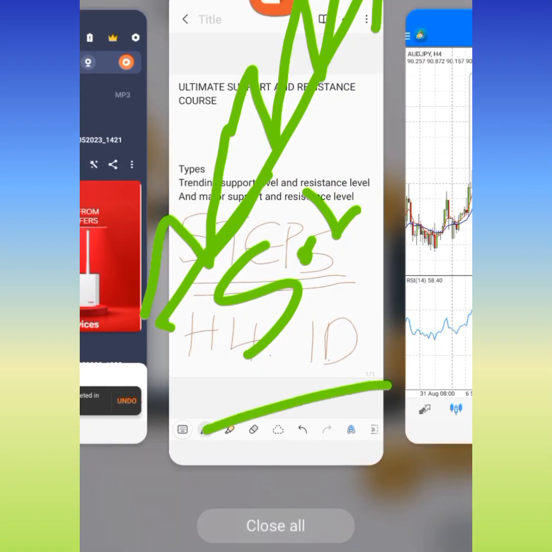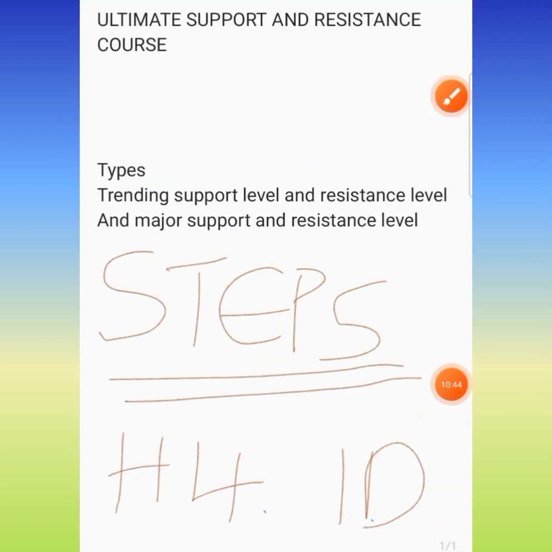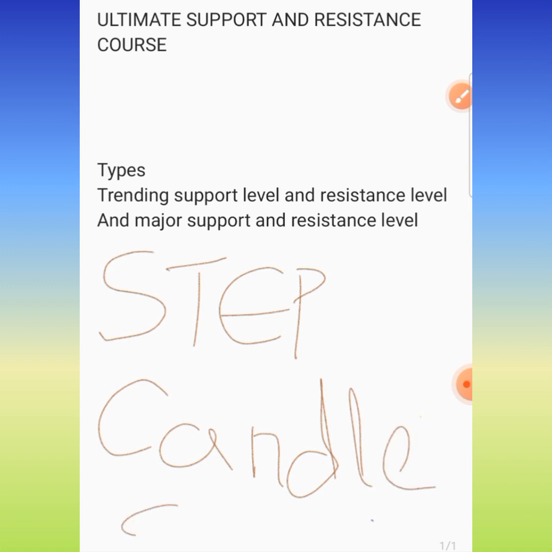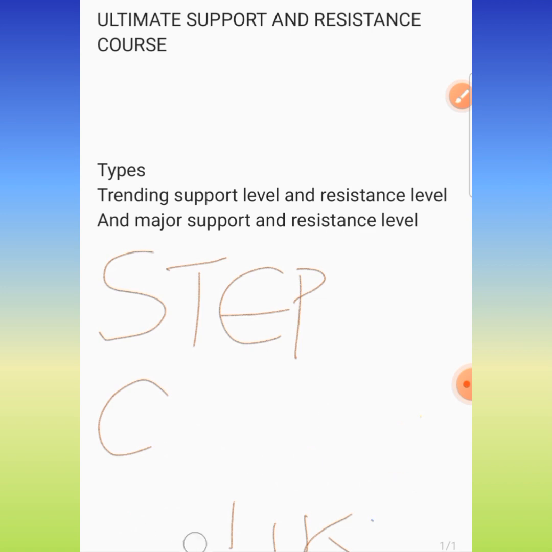So I was still going to teach you the second step. Second step here is candlestick confirmation. Using candlestick to confirm.